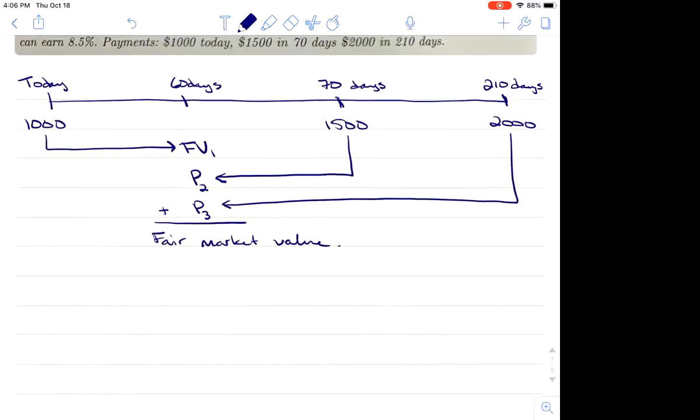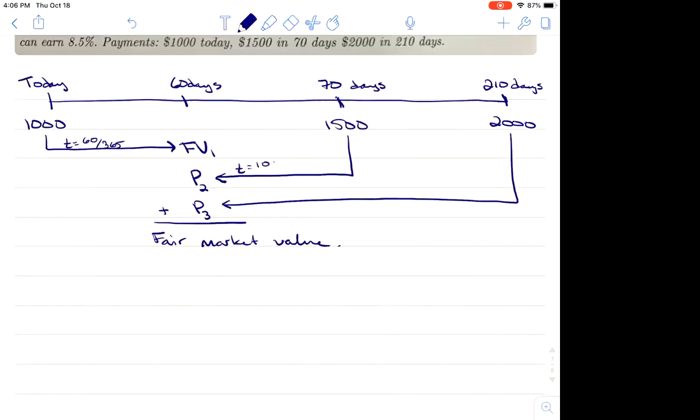So this one single payment is going to be equivalent to the original payment plan. On our arrows, we have to put the time. The time between today and 60 days is just 60 days out of 365. We have to be careful though, because the time between 60 days and 70 days is only 10 days.